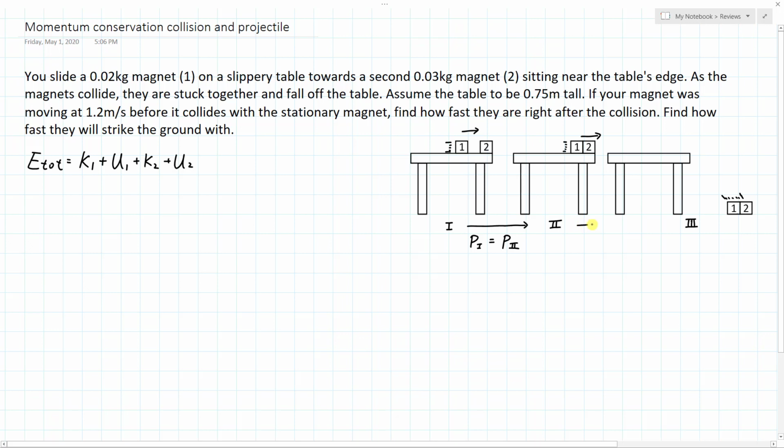But between 2 and 3, because the combined magnets just fall off the tabletop and are about to hit the ground, the mechanical energy is conserved. So we can use E2 equals E3. But at the same time, because the speed keeps increasing, the momentum is no longer conserved.